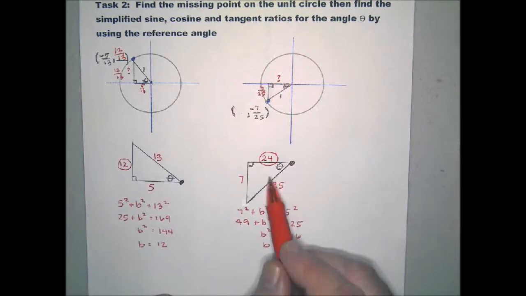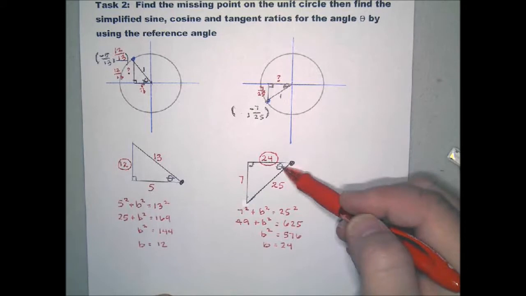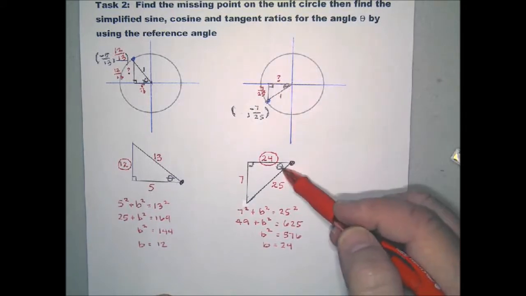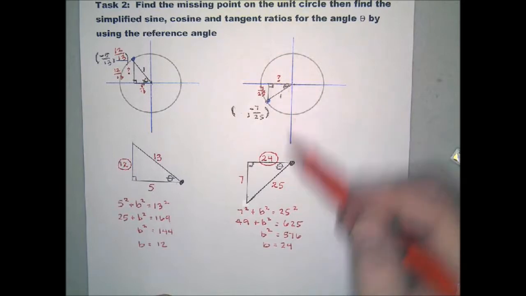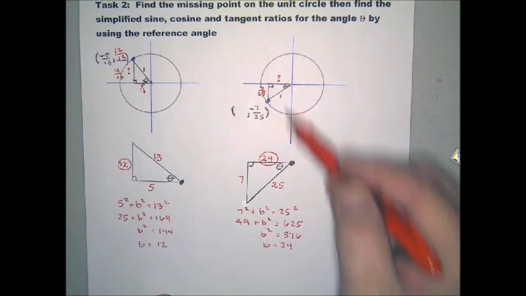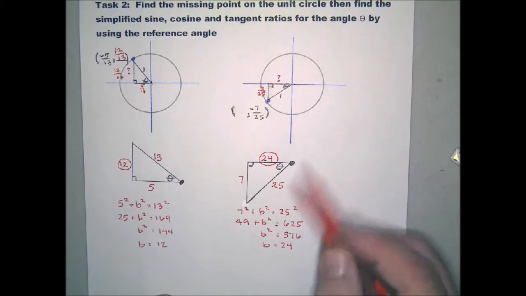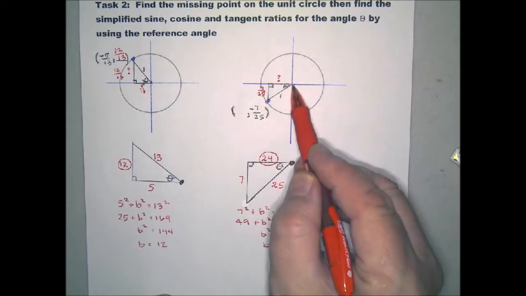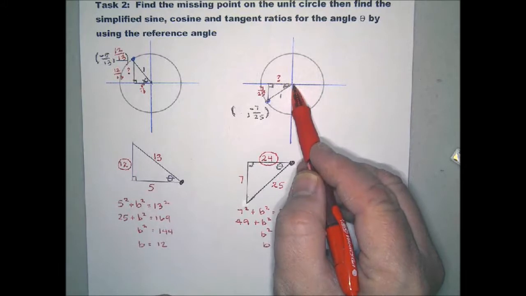Now, I'm going to put this triangle back into the unit circle. Notice how my reference angles are going to match up. This was 0, 0, reference angle theta. Here's reference angle theta. Here's 0, 0. And by putting it back into the unit circle, all I have to do is divide everything by 25 to get the hypotenuse back equal to a value of 1, a radius of 1.